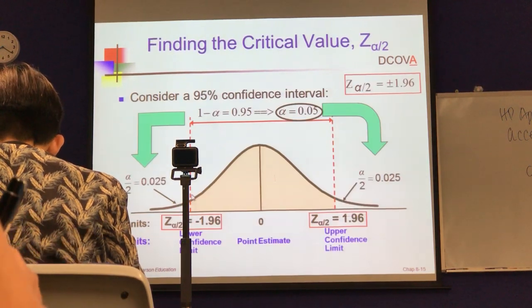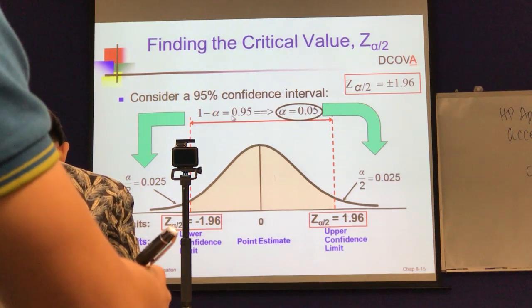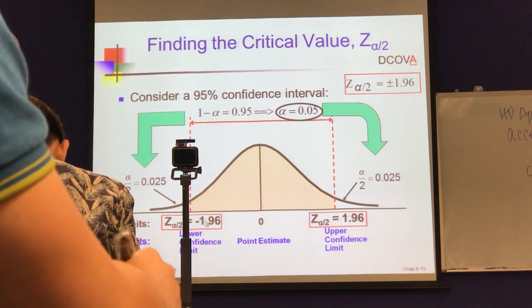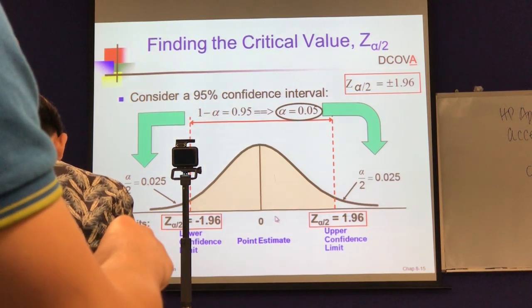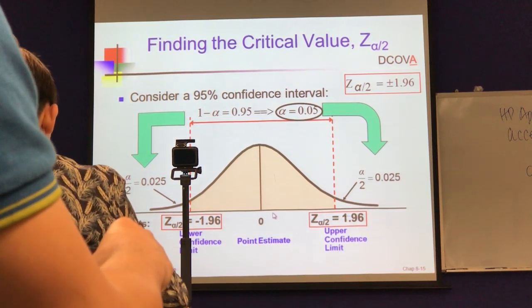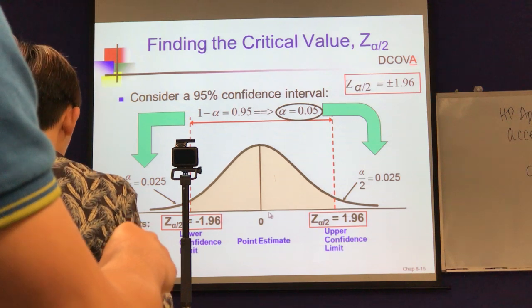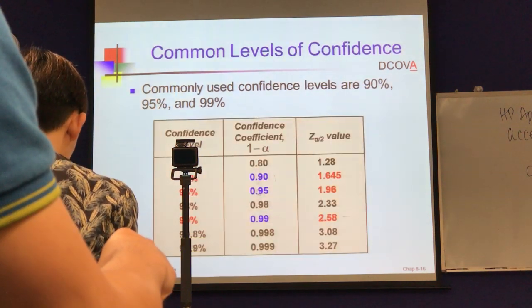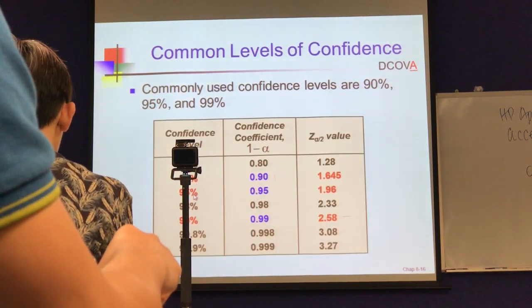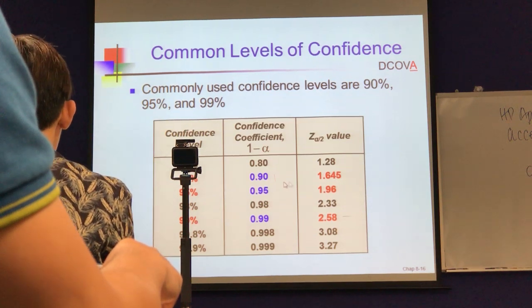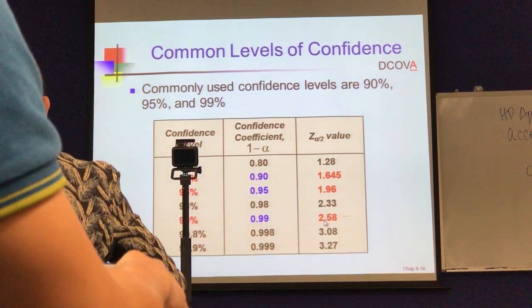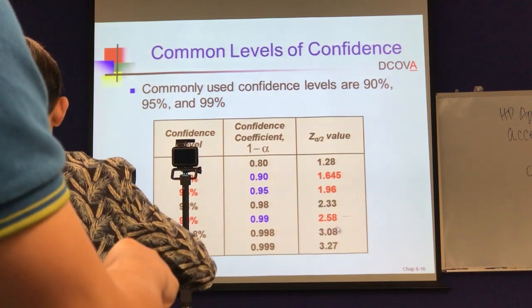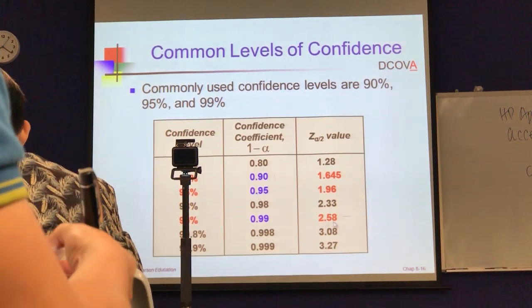Let's look at one example. 95% is plus minus 1.96, which we did just now. So an important thing is there are 3 percentages that you need to know. These are the 3: 90, 95, 99, and the Z values 1.645, 1.96, and 2.575. Change this to 2.575.